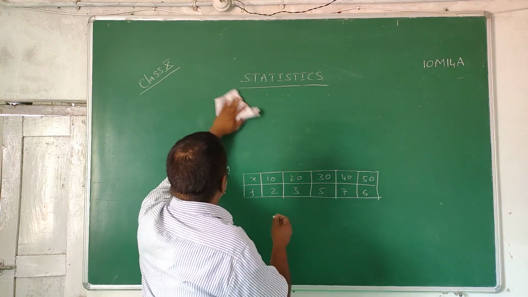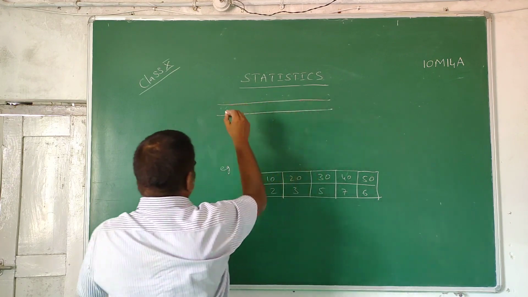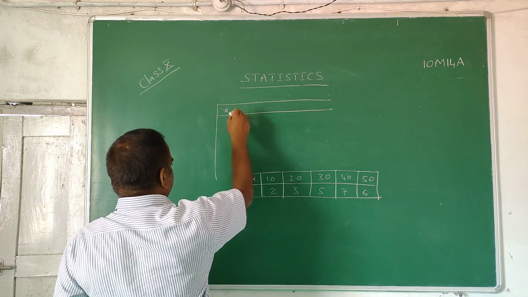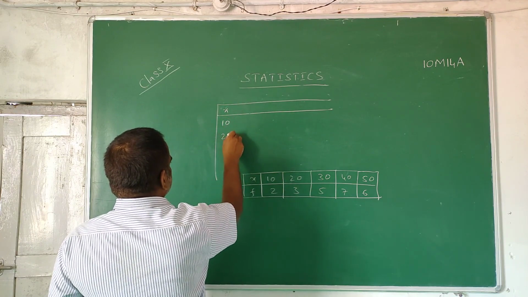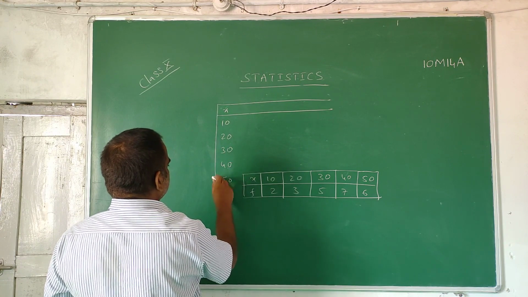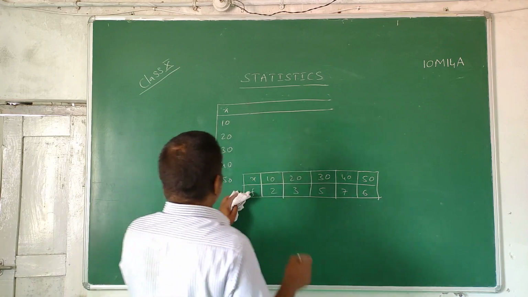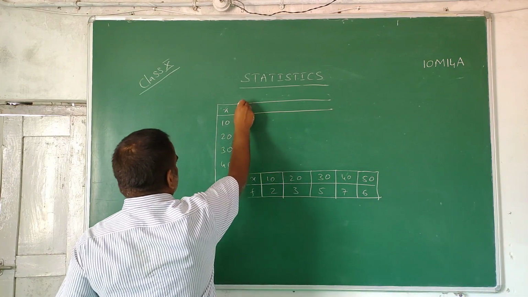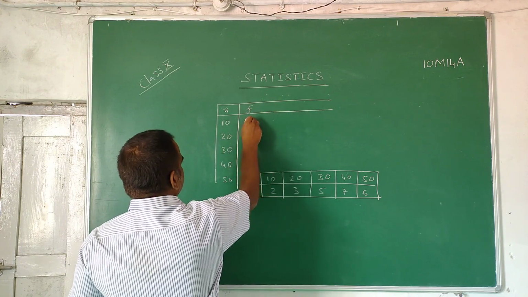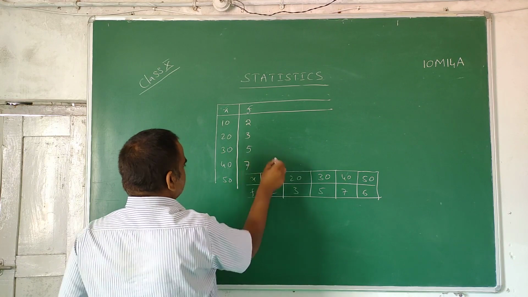That is very easy. Now take a table with the first two blocks as x and f: x is 10, 20, 30, 40, 50 and f is 2, 3, 5, 7, 6.